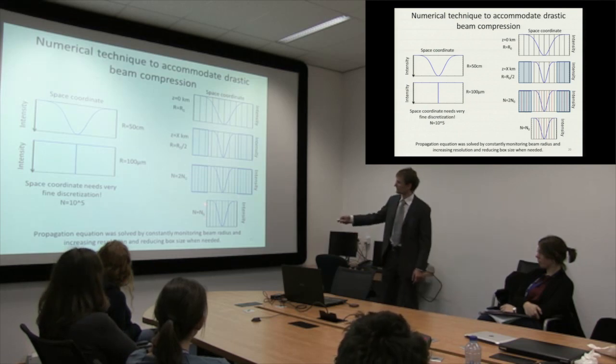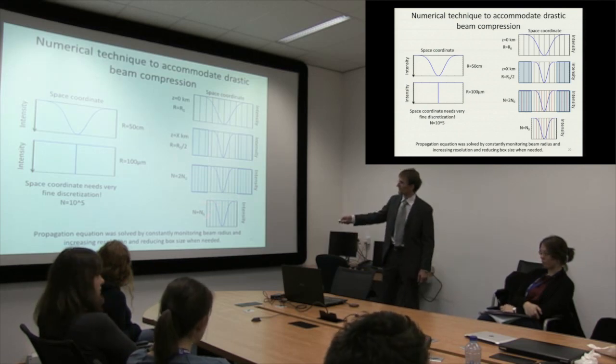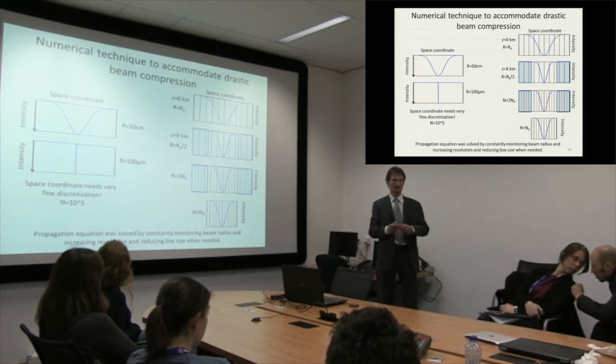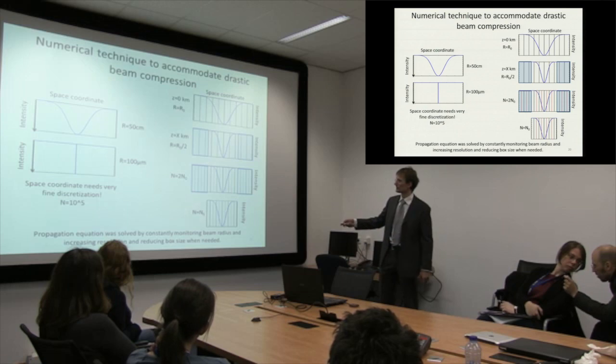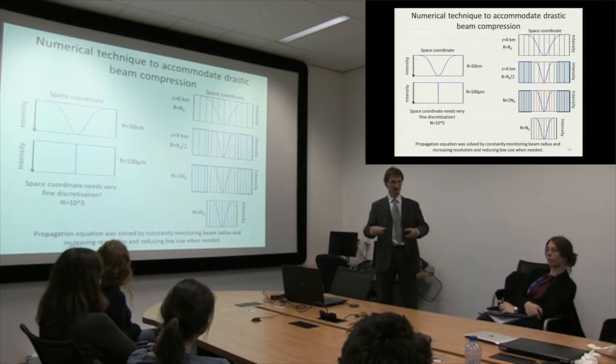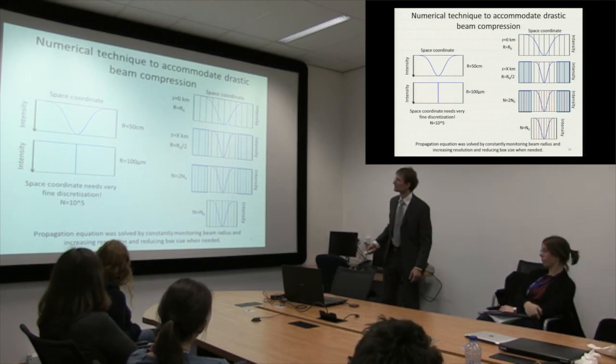After the step, we will have smaller steps in space dimension at the same number of points. So we will save a lot of numbers, and we will be able to reproduce all the propagation effects.